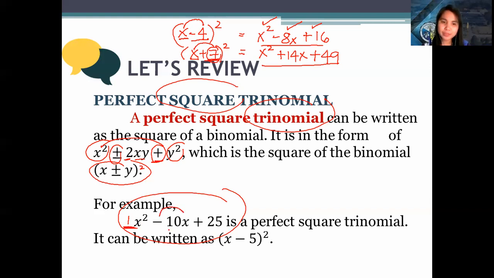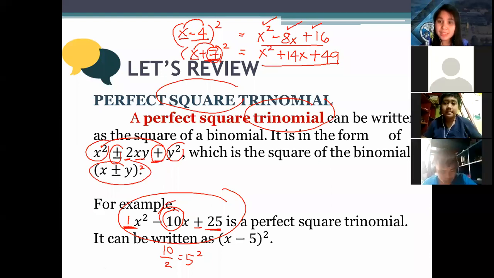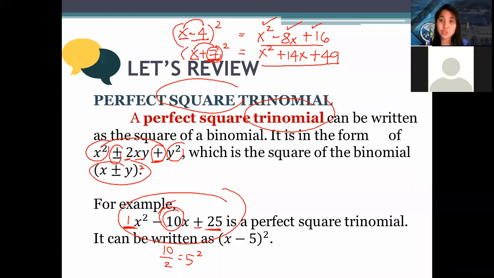You look at the last, it's always positive. The second one, you divide it by 2. So 10 divided by 2, that's 5, right? Then you square it, 25. So if the last term is the square of half of the middle term, then we say that it is a perfect square trinomial.